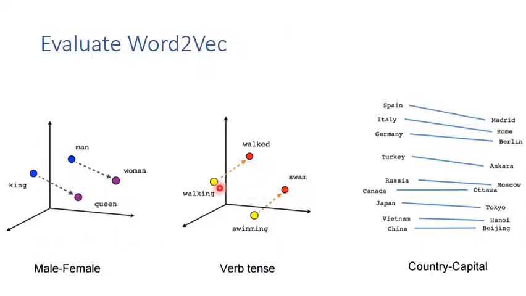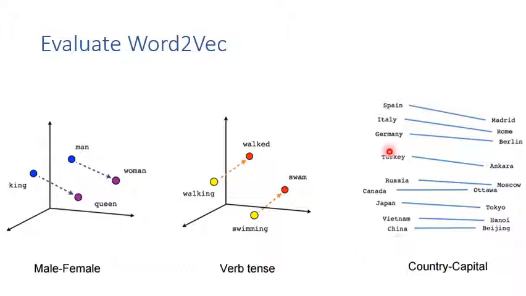Another example is the verb tense. The distance between working and worked is the same as between swimming and swam. The authors claim that this is another piece of evidence that the vectors can capture the meaning of verb tense.